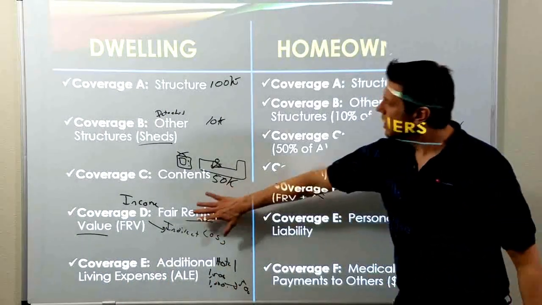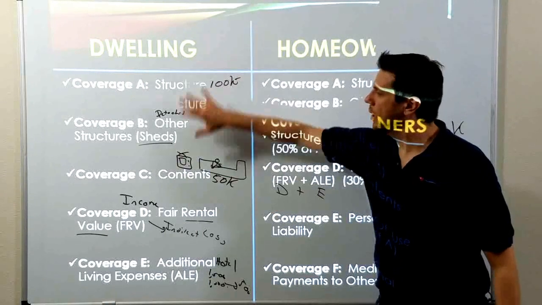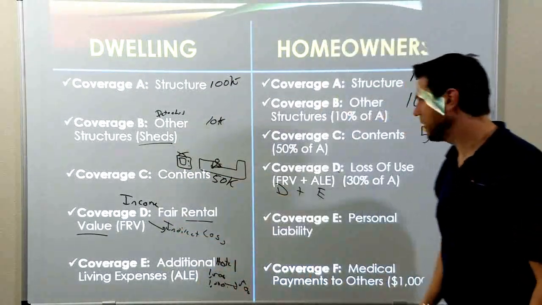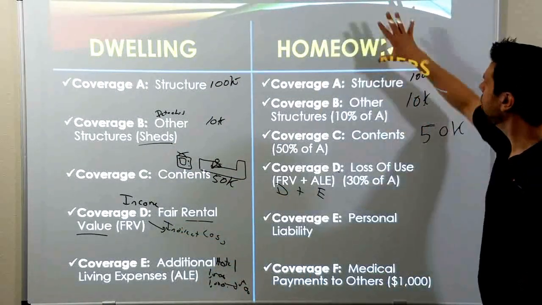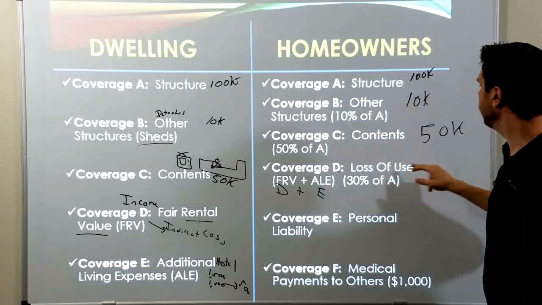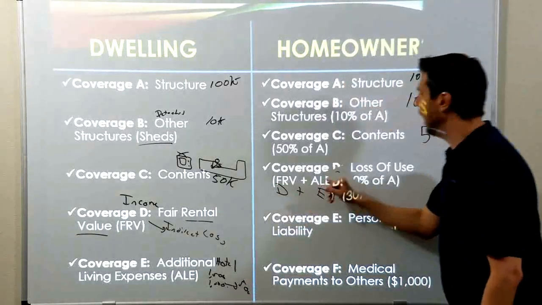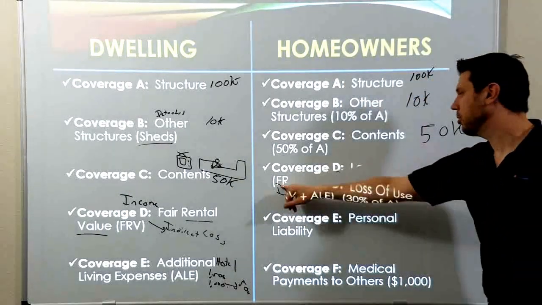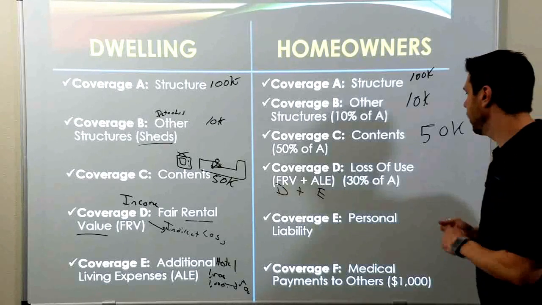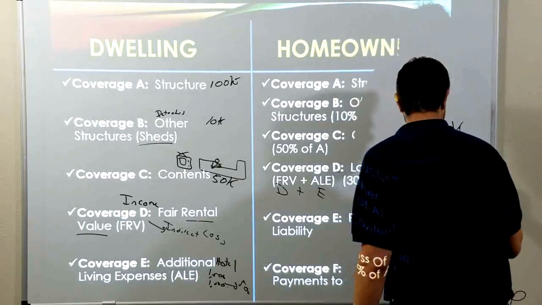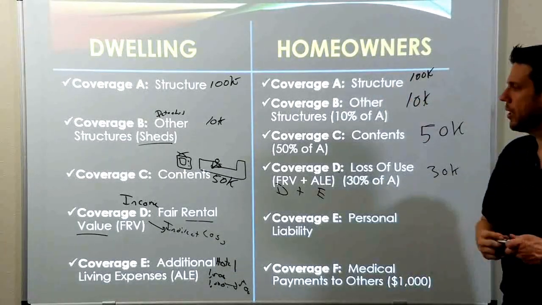So coverage D and E under dwelling was fair rental value and additional living expenses. Coverage D under homeowners is loss of use, which is coverage D and E added together for homeowners, fair rental value and additional living expenses. So the names change once you get to coverage letter D.